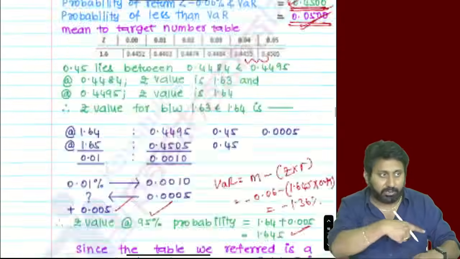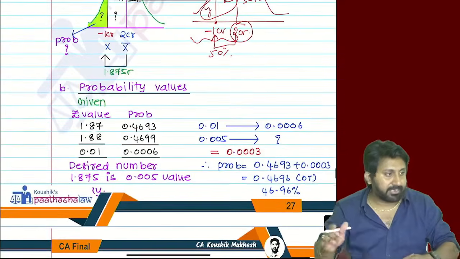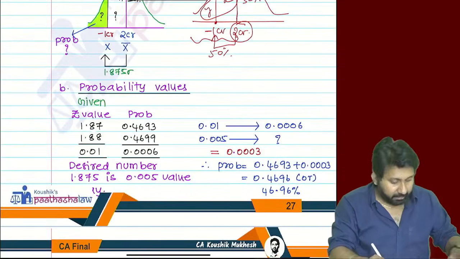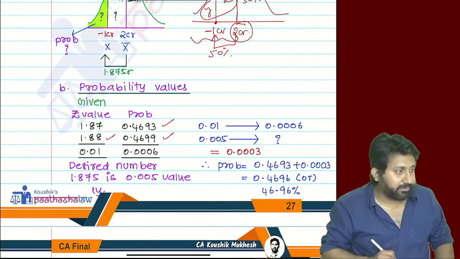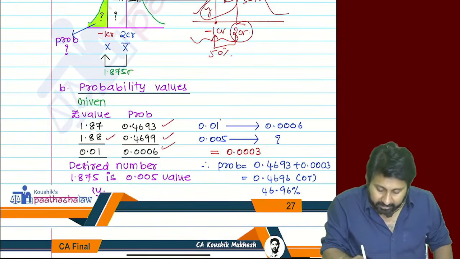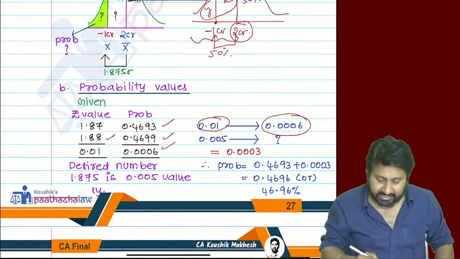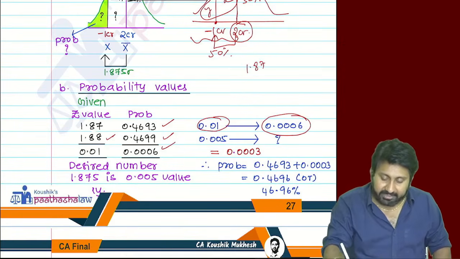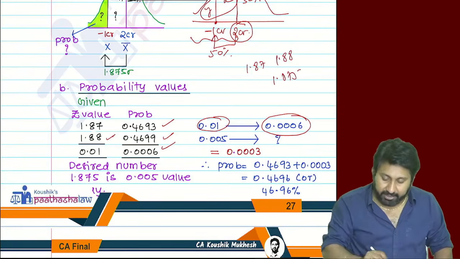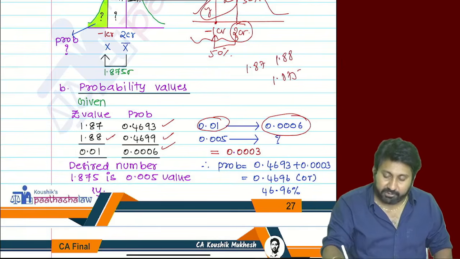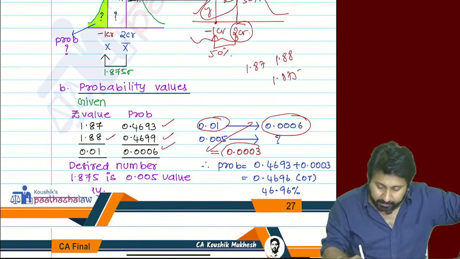From here, instead of doing it on the calculator, I will directly show and save your time. Okay, the calculations I told you, now how to do them. See here, at 1.87 it is 0.4693, at 1.88 it is 0.4699. For 0.01 it is a 0.0006 change. We want 1.875, which means a difference of 0.005, so for that it is 0.0003.